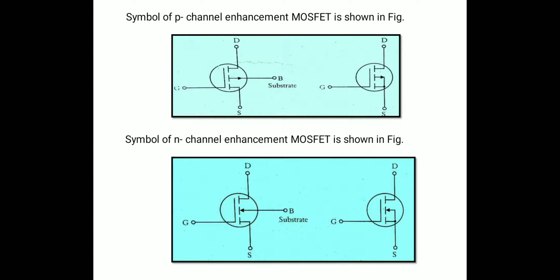In this case the channel is shown by a broken line. That means the channel is not already present. The channel is absent initially, but will be formed only when a proper gate voltage, greater than the threshold voltage, is applied to the gate.